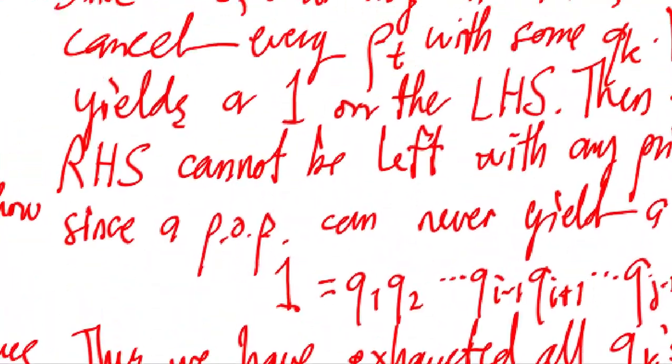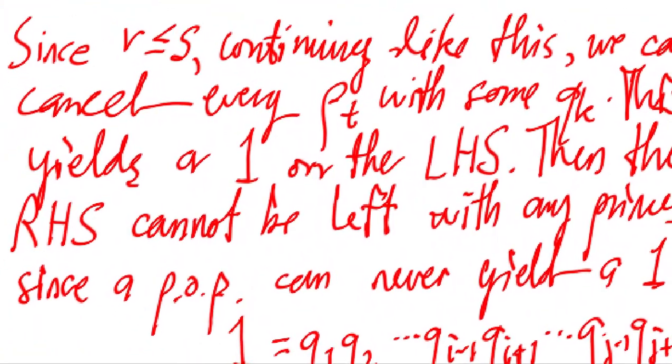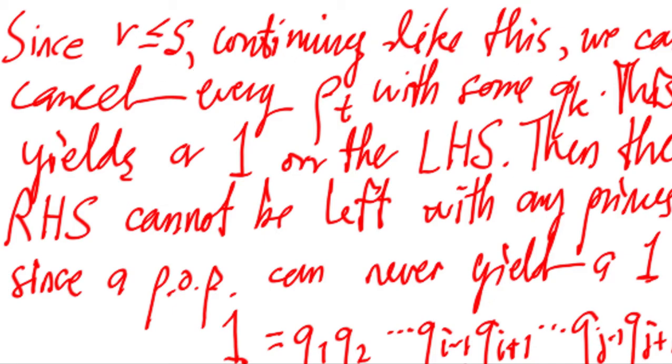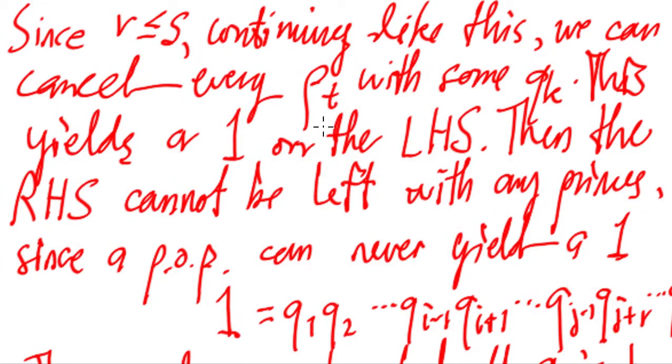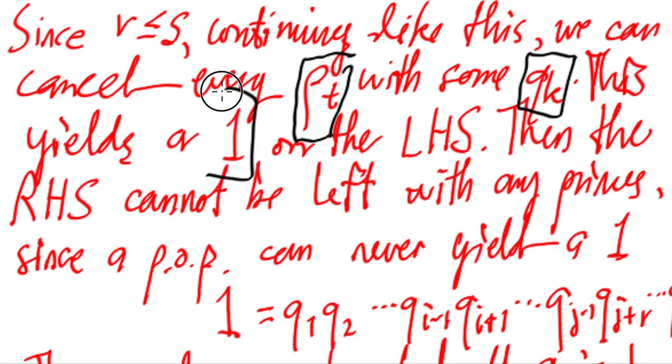Furthermore, since r is less than or equal to s, continuing like this, we can cancel every p with some q. So this yields a 1 on the left-hand side of the equation.